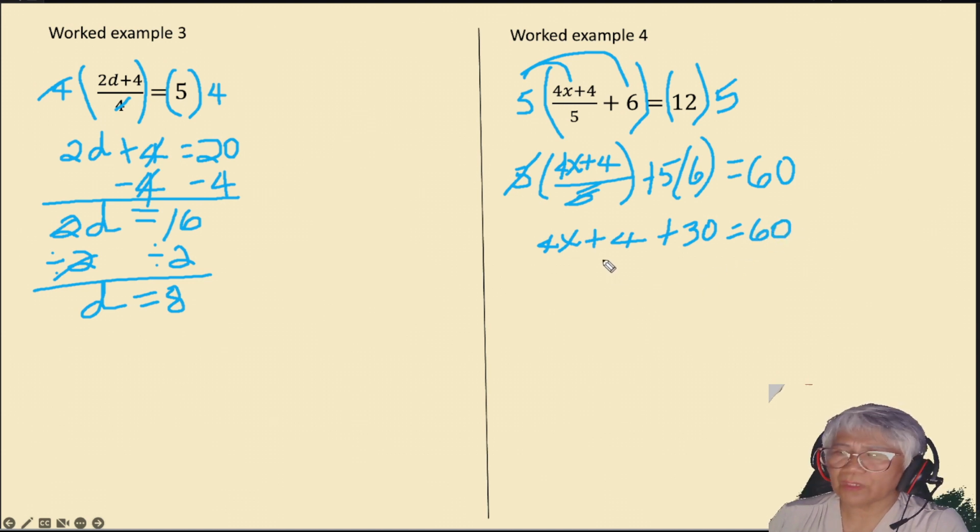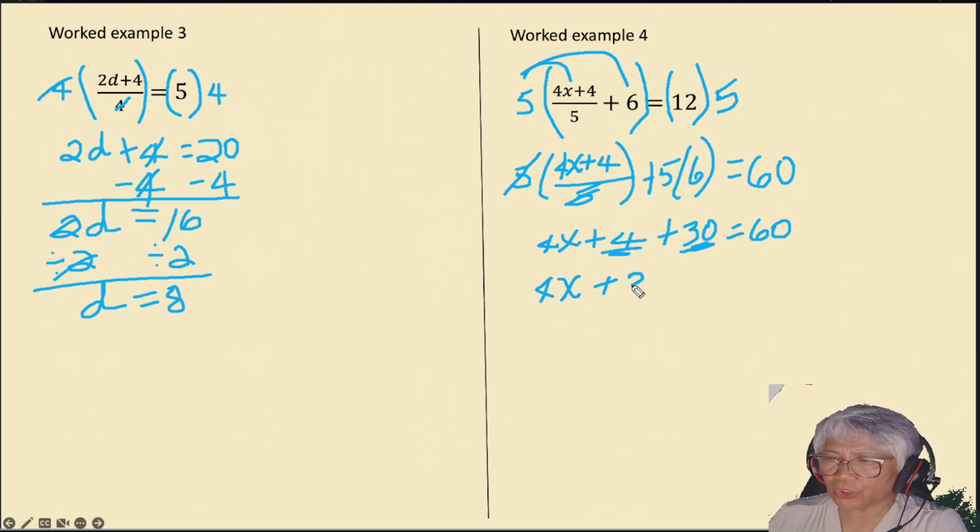Now these two terms here are similar, that 4 there and 30. So you can put them together. So you have 4x plus, because they are both positive, we add them together as one. That's 4 plus 30 is 34, equals 60.